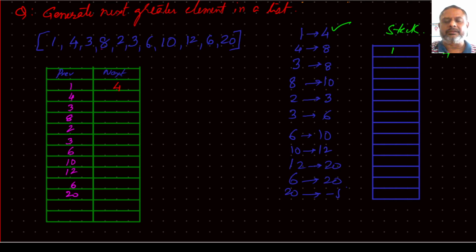So is it necessary to remember 1? Definitely no. So forget 1. Then remember that the answer for 4 is still to be found out. What comes next is 3. Is 3 greater than 4? Definitely no. Then what comes next is 8.